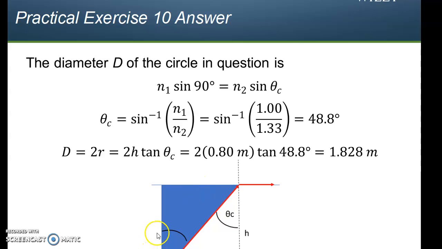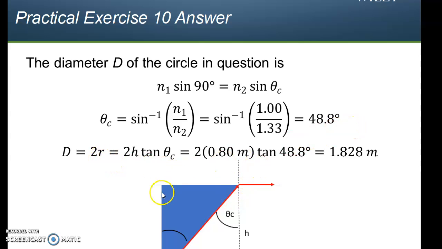So that tells you how large of an angle this is going to be. Now what you're going to do is calculate this distance right here. You already have the height, and all you need to do now is just calculate this right here from the tangent of this critical angle, right?